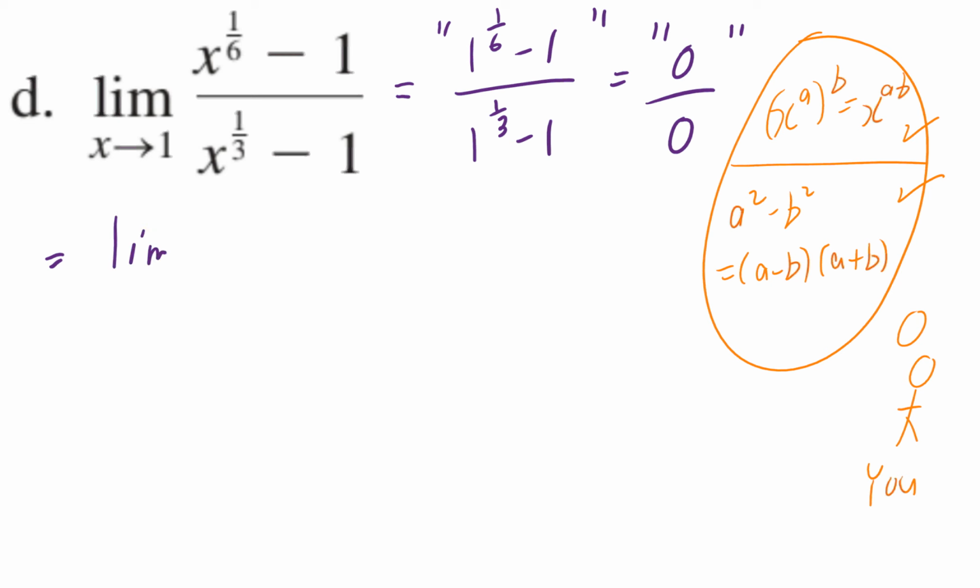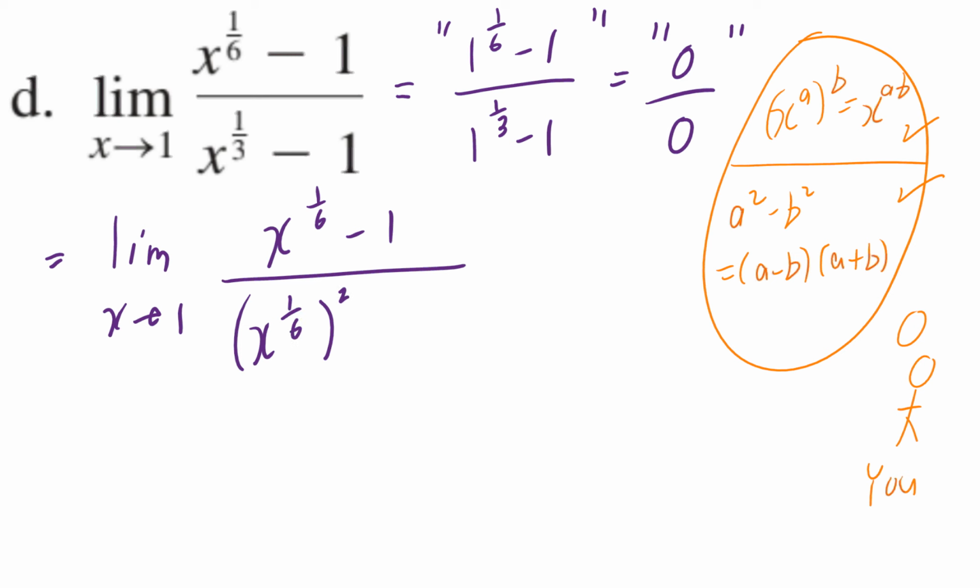So what do you do? You write down the limit as x is approaching 1. Now if you look at the numerator, that's going to be x to the power of 1 over 6 minus 1, which you can copy for now. And if you look at the denominator, x to the power of 1 over 3 is equal to x to the power of 1 over 6 squared, minus 1 squared.